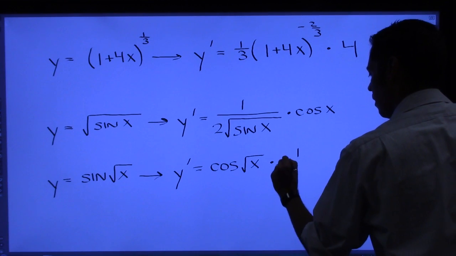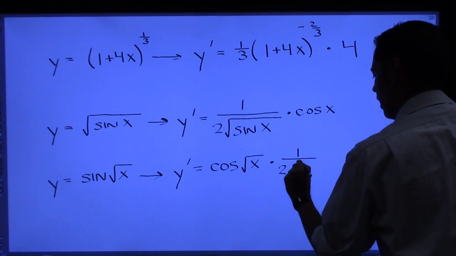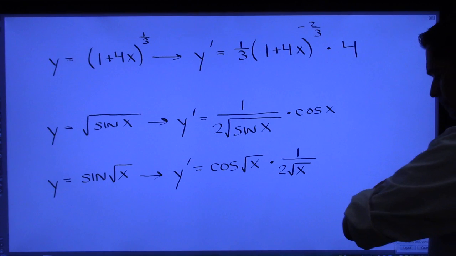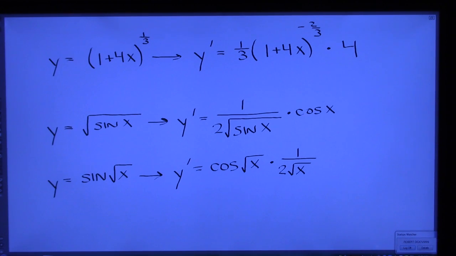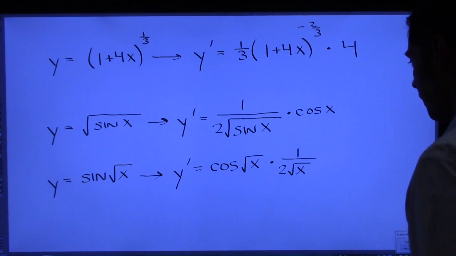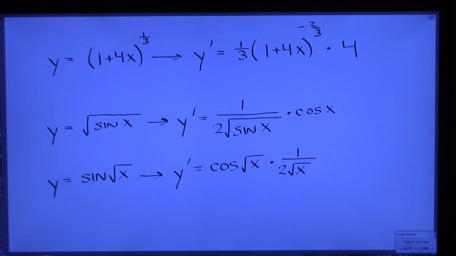Derivative of square root of x is 1/(2 root x). That. Let me just check something here. Okay. All right, so those are the problems we just did, but faster.